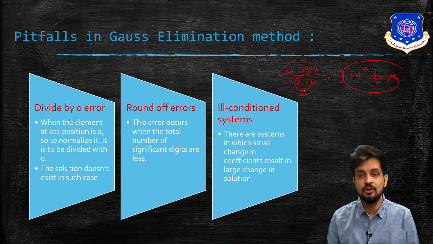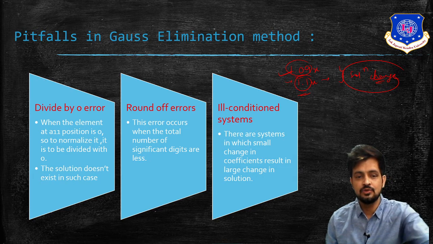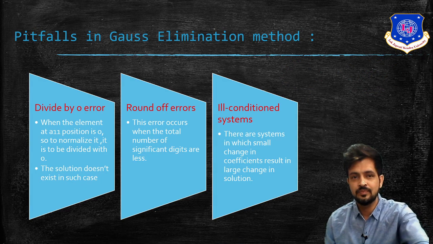You can see the change is only 0.01, but there will be a large change in the solution. For such systems also the Gauss elimination method fails. So these are some of the pitfalls in the Gauss elimination method, and this type of question can be asked in GTU, so you have to prepare this question.